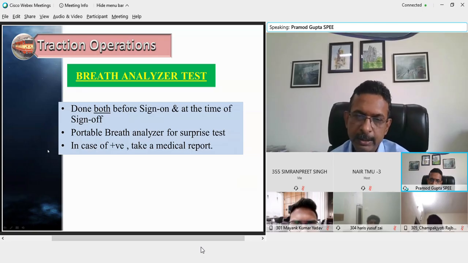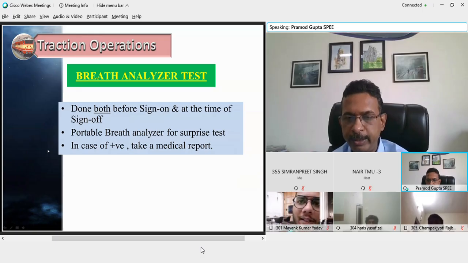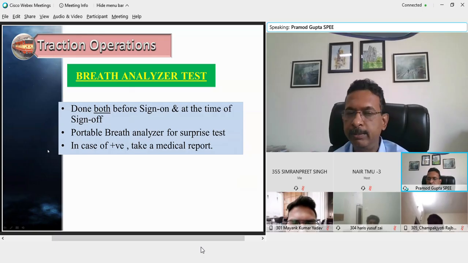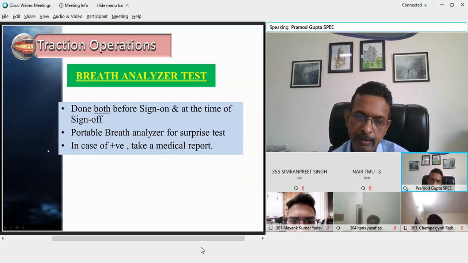We also realized that other than the printout that we have from the breath analyzer test, we should also try to have some other supporting document to remove any doubt or to remove the ambiguity which has been raised by the loco pilot.